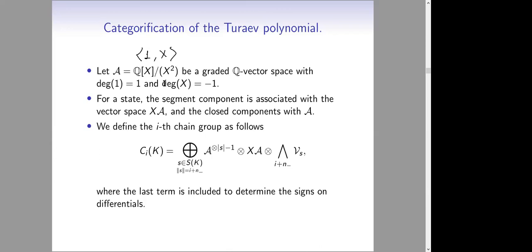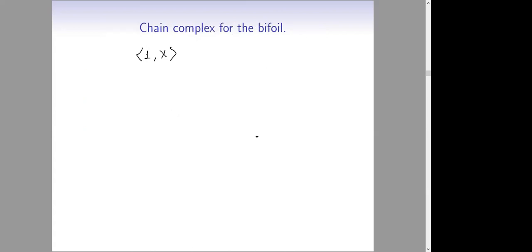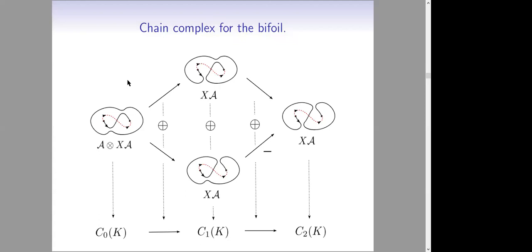Then you take the sum of these vector spaces, and these are the chain groups basically. This is too much, not easy to see, so let me give it on an example. Here is the chain complex for the bifoil. For example, here there is the segment component which is associated with this vector space x alpha.